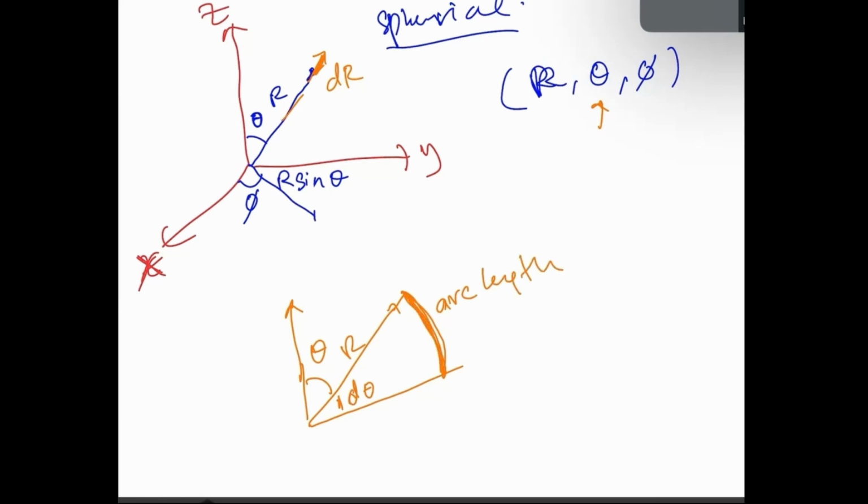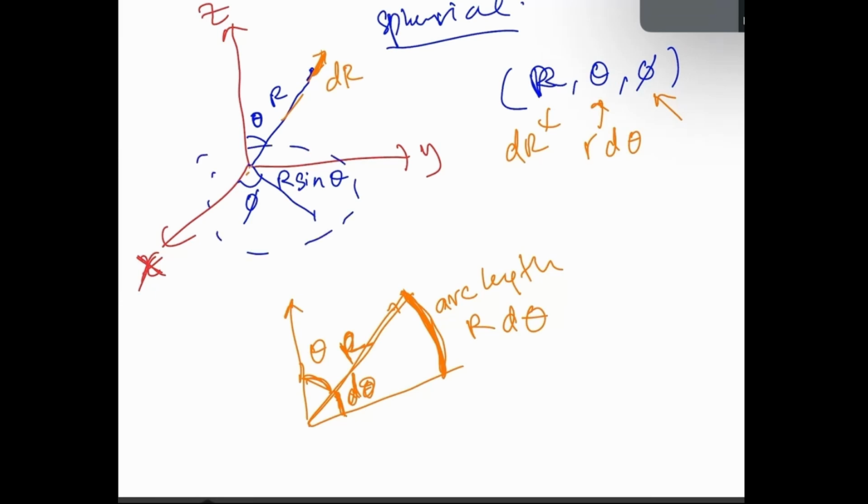Changes of theta, because this length is equal to r, the radius, times the angle d theta. So this one is r d theta. Changes of r is dr, and then phi.